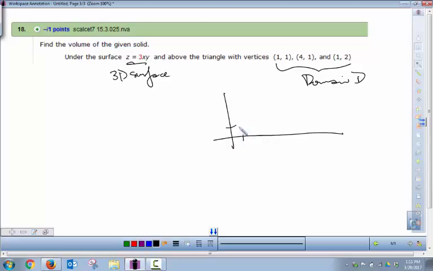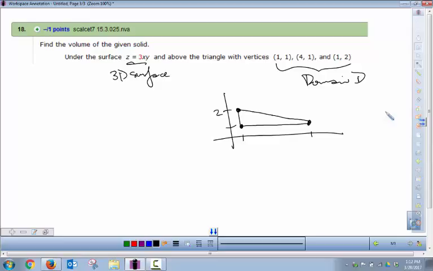So we got (1, 1), (4, 1), and (1, 2). Yeah, this is easier. It's easier because it looks like a right triangle, and whether you integrate with respect to x or y first, I don't think it'll matter.